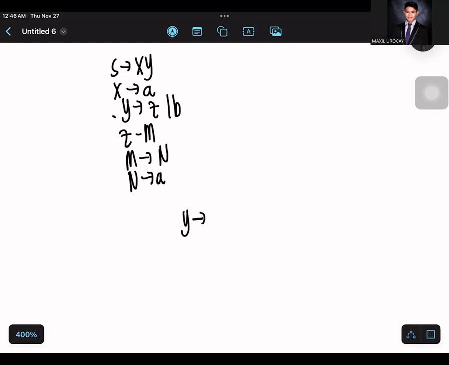Y is to Z, Z is to M also, and then M is to N. We are given a relationship with non-terminal symbols, and our goal is to solve that. So Z, what will be Z? That is M. M, that is N. N, that is a. So therefore, we can divide this first.